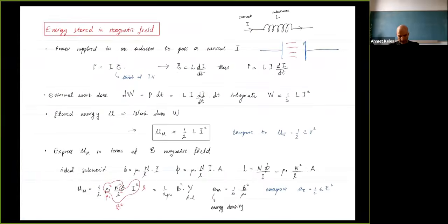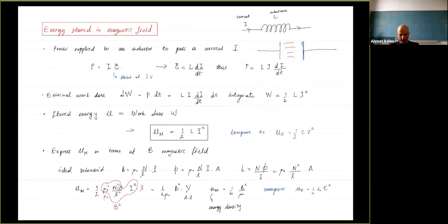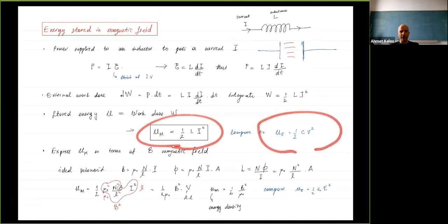So some examples, and finally we introduced energy storage in a magnetic field, and we considered an inductor, and we showed that it's very much similar to a capacitor. The energy in an inductor was something like 1/2 L I squared, whereas the electric field energy in the capacitor is the corresponding form.